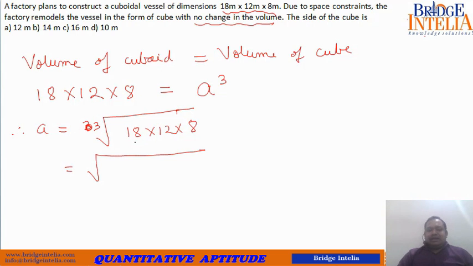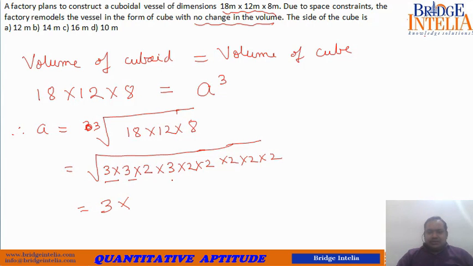So 18, 12 and 8. 18 can be written as 3 into 3 into 2. 12 can be written as 3 into 4, so 3 into 2 into 2. 8 can be written as 2 into 2 into 2. So if you see, 3 times 3, a triplet gets created.